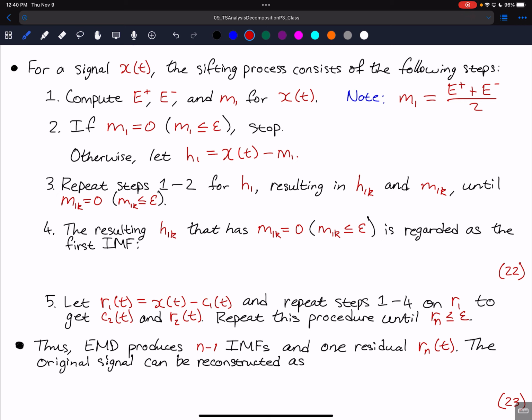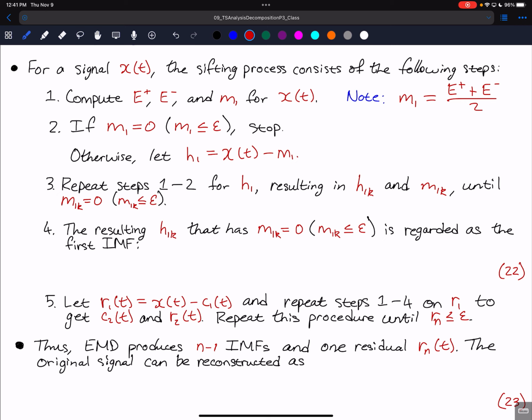We're then going to repeat steps 1 and 2, but for H1 instead of x of t, which will then produce H1,1. We'll then repeat that again and get H1,2, and so on for as many iterations as we need until we finally get something H1k and m1k, where m1k is equal to 0 or is less than or equal to some tolerance that is set in the algorithm.